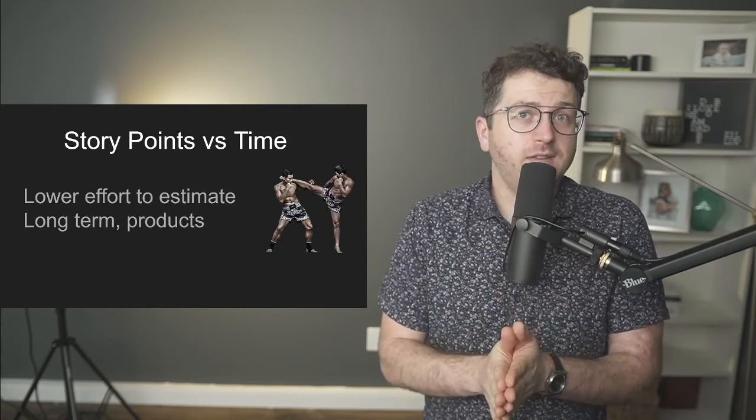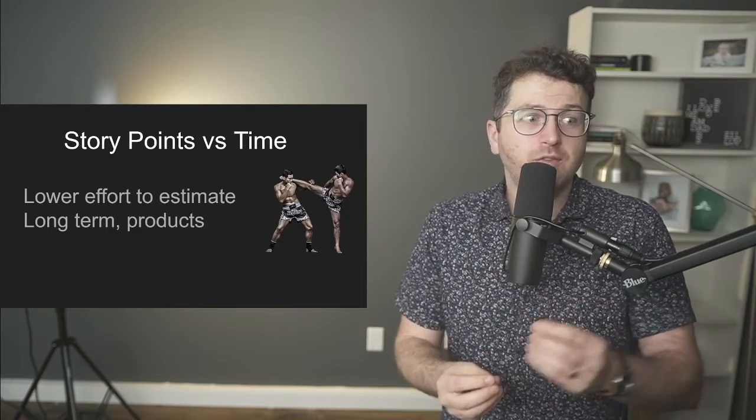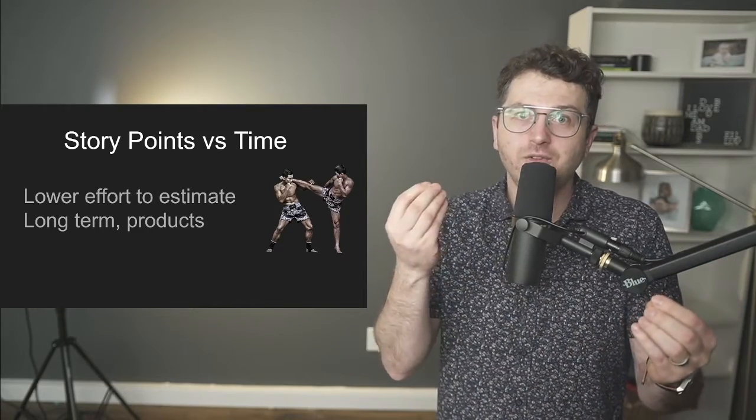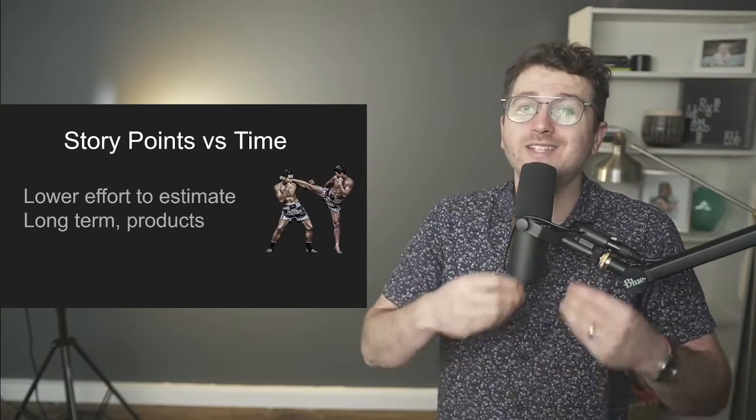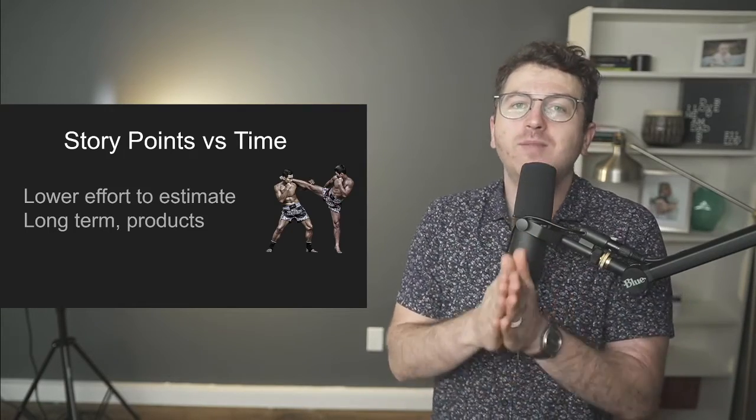Now, that doesn't mean that you should always match the story points and translate them into time when you do the estimation. No way. When the estimation is done, time should not even be mentioned.